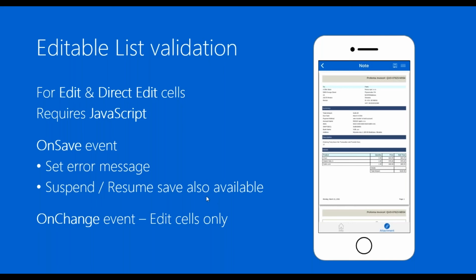The reason why this is limited is that the onChange event has access only to the actual row where the change has happened. If you would be using direct edit, the onChange event is not available because immediately after you change one of the cells, one of the fields on the view, the OnSave event will be triggered, where you have again both of these at your disposal. I will show you how this works in the demo.